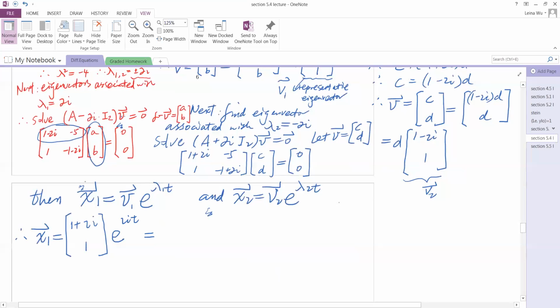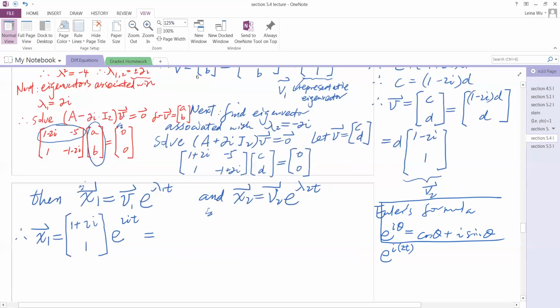Okay, now here you're going to use Euler's formula, e raised to i theta. What's e raised to i theta? Cosine theta plus i sine theta, right? So do we have e raised to 2it here? If you just match this, the theta would just be 2t, right?